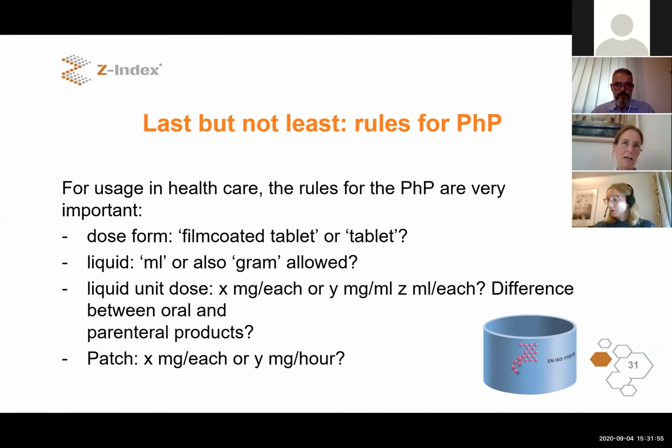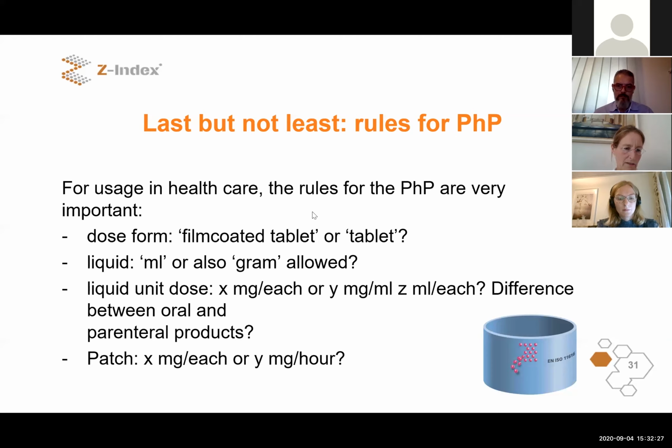Or is it expressed as X milligram per ml and so many milliliter per each? For the usage in healthcare, it can be different whether it is expressed in one way or another, and at least it should be done consistently. And maybe there's a difference in how to do that for the oral drugs compared to the parenteral drugs.